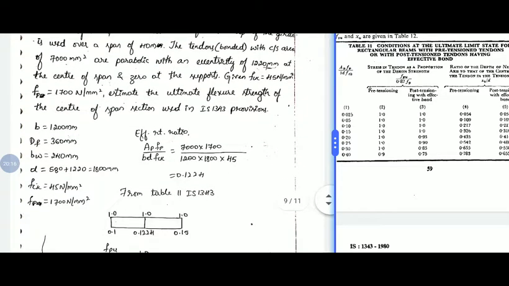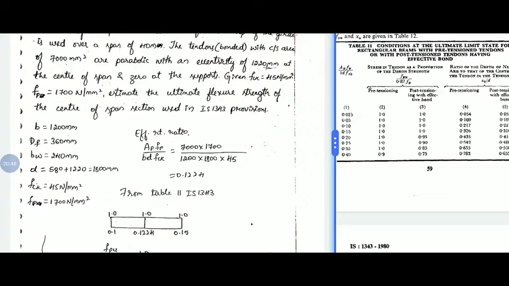So the details are given. Width of the flange is 1200, thickness is 360, width of web is 240. So for the effective depth, you can observe the distance of the centroid from the top is 580 and the eccentricity, meaning centroid to location of tendon, is 1220. So overall the effective depth of the beam is 1800 mm.